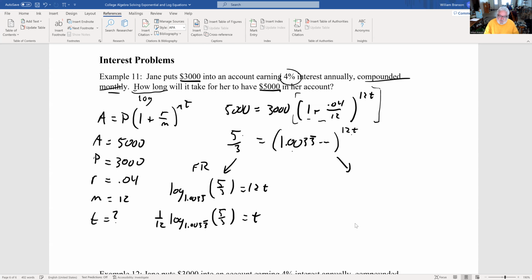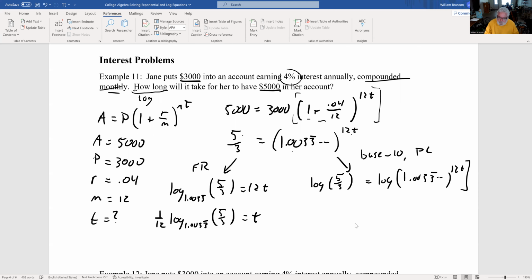The other way is to go base 10 or base e, because those are things on your calculator, and use the power coefficient rule. So take log of both sides. So that's just log of both sides.